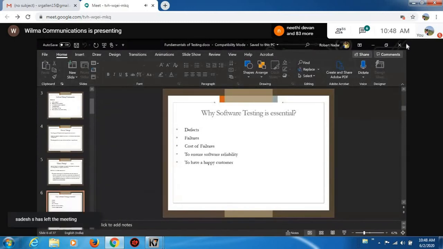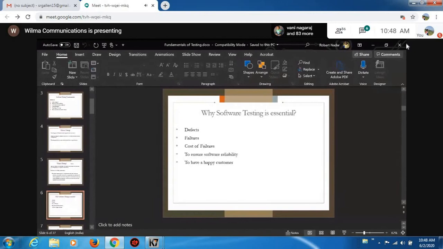Defect, failure, cost of failure, to ensure reliability, to have happy customers. First, the basic reason why testing is necessary: find the defect. Only one term, find the defect, but we have a couple of reasons. Second is failure.